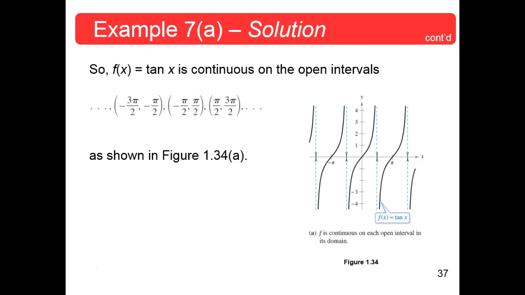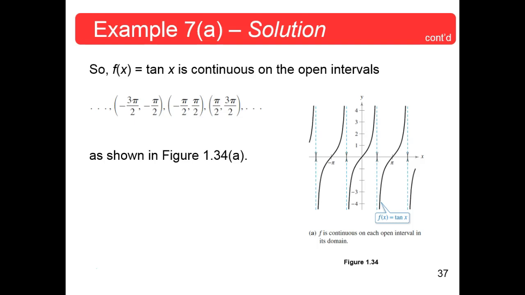Those are big parentheses, meaning everything in between, but not the endpoints. So this is defined here and here and here and here. Everywhere on their domains, they're defined, it's just that their domains do not include the half pi's. So it's continuous on those open intervals from minus 3/2 pi to minus pi halves, from minus pi halves to pi halves, pi halves to 3/2 pi, in every interval.